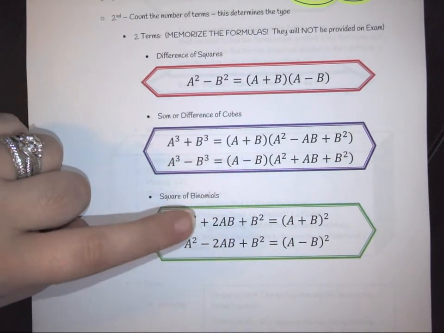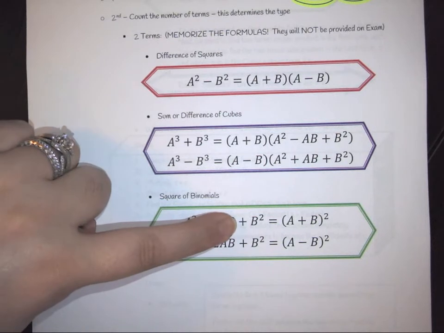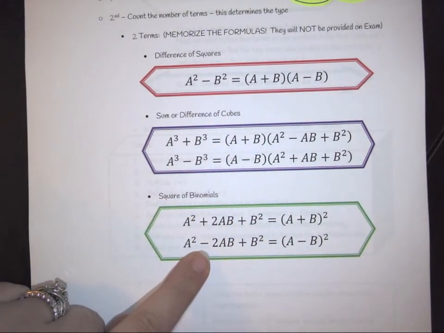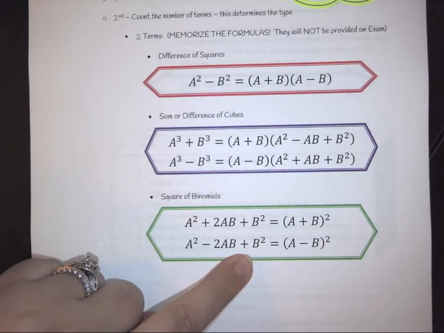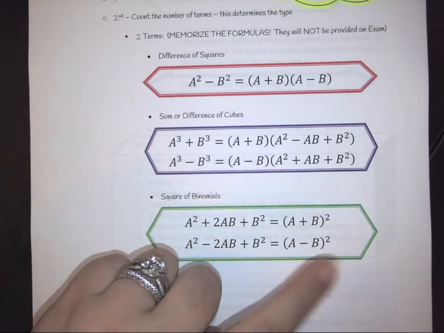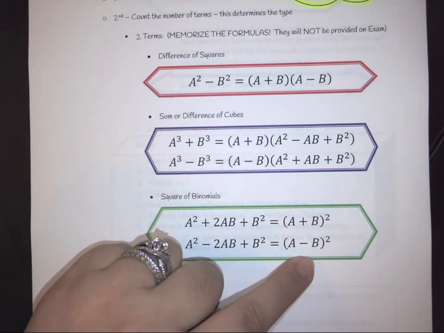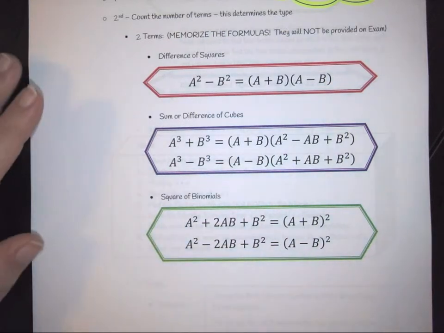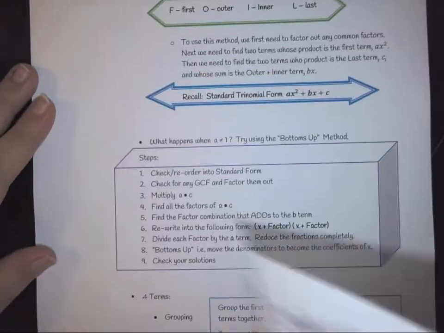So if my trinomial is both positive, then my binomial is positive. If my trinomial is minus positive, meaning opposite signs, then my binomial has the opposite sign. It's both negative. Okay? So those are two terms.